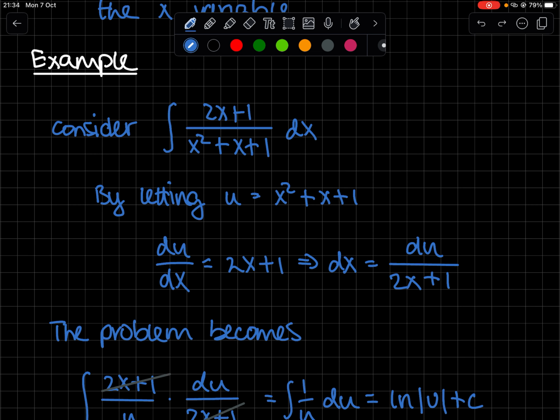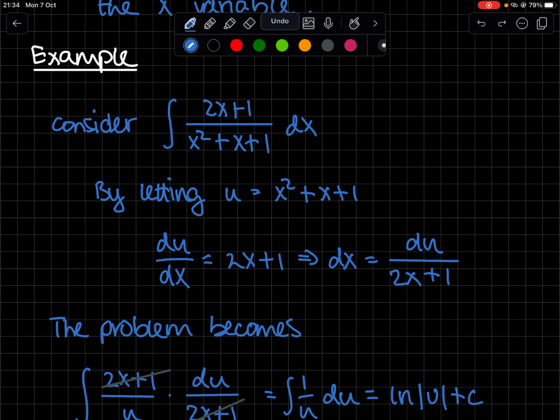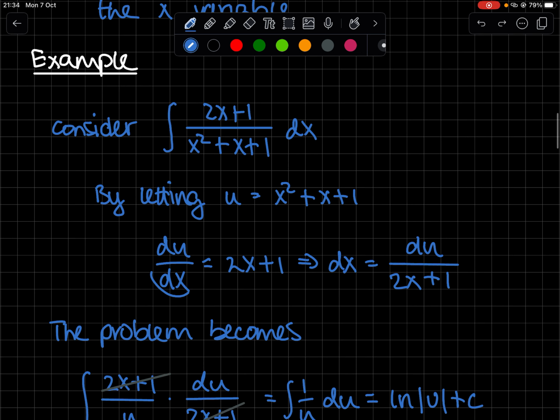So, of course, we compute du by dx. That's the next step. We differentiate term by term. x squared becomes 2x, and the derivative of x is 1. And the constant just differentiates to 0, so we can ignore it. And then we do this little trick with exchanging the positions of these two.